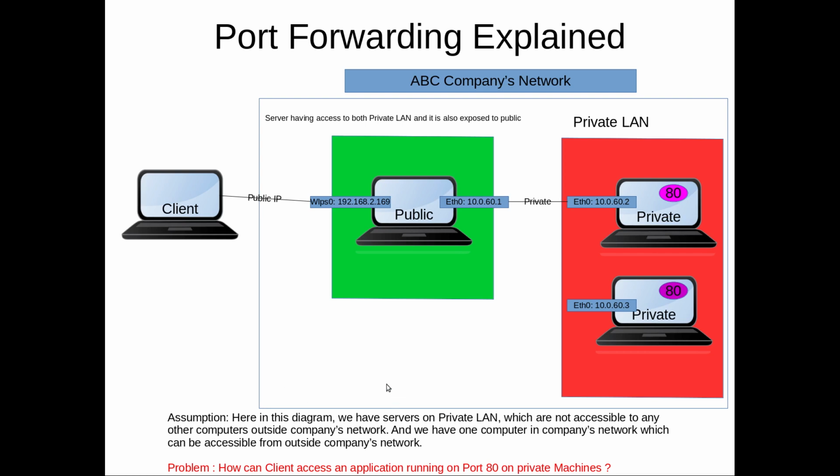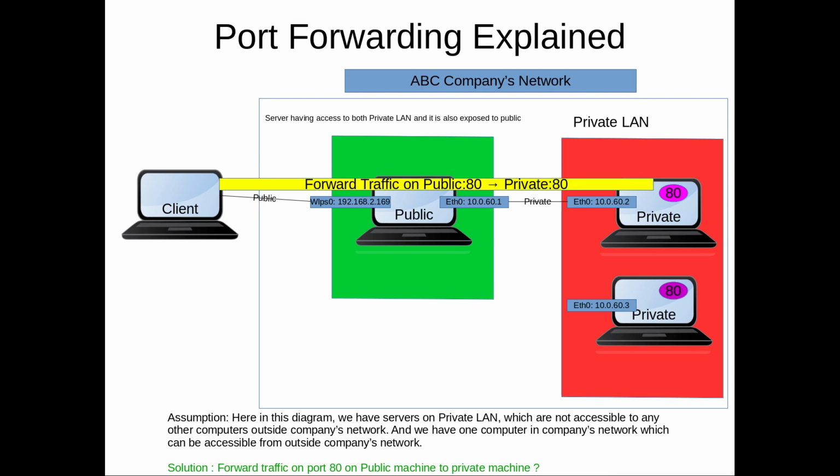In port forwarding, we ask the public machine that when you receive traffic from all other machines outside our network on port 80, just forward that traffic to our private LAN machine.